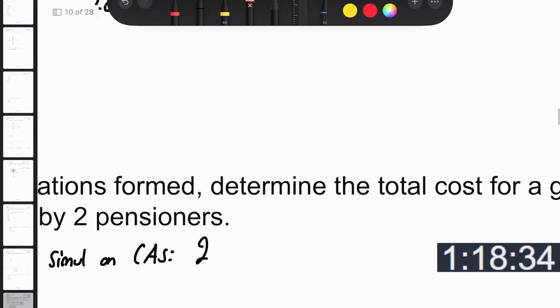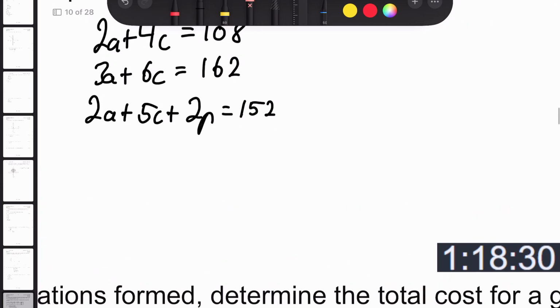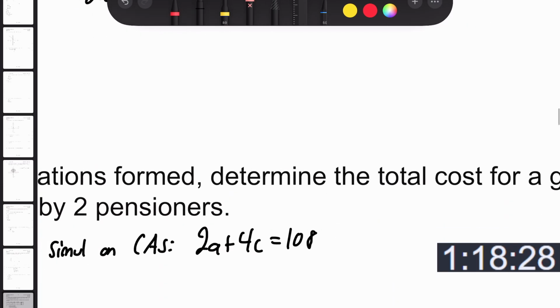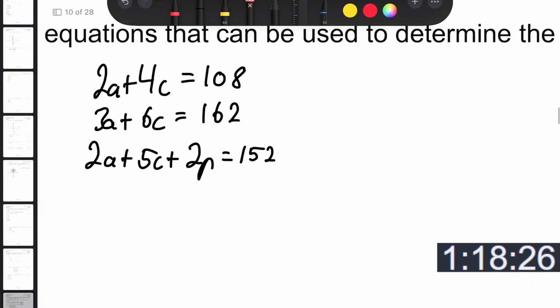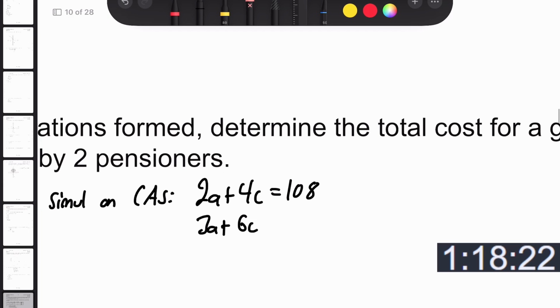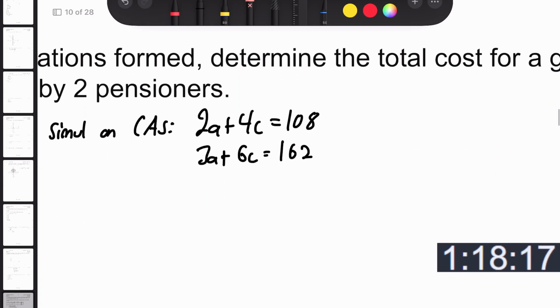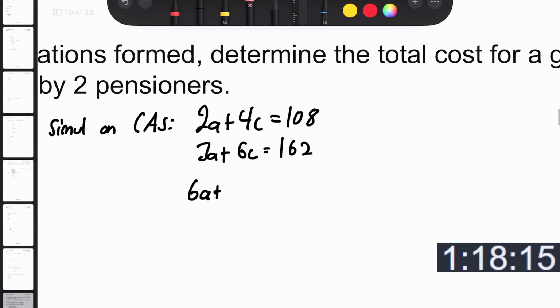So 2a plus 4c equals 108. 3a plus 6c equals 162. So let's do this as 6a plus 12c.